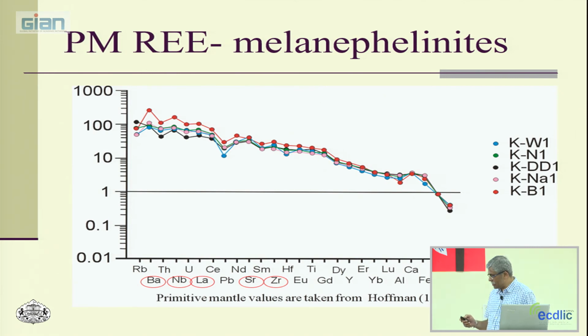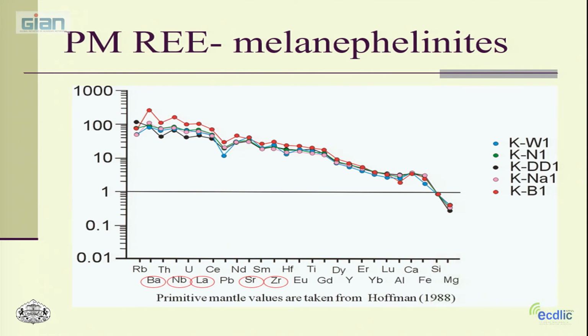And this is the chemistry, when the primitive mantle values are taken from Hofmann and all the trace element data have been normalized, you can see here also there is a rising sort of trend. Okay. So they have been derived from a mantle which to an extent seems to have been an enriched mantle, and therefore the light rare earth elements show enrichment, the rest are showing various different anomalies that you get to see.